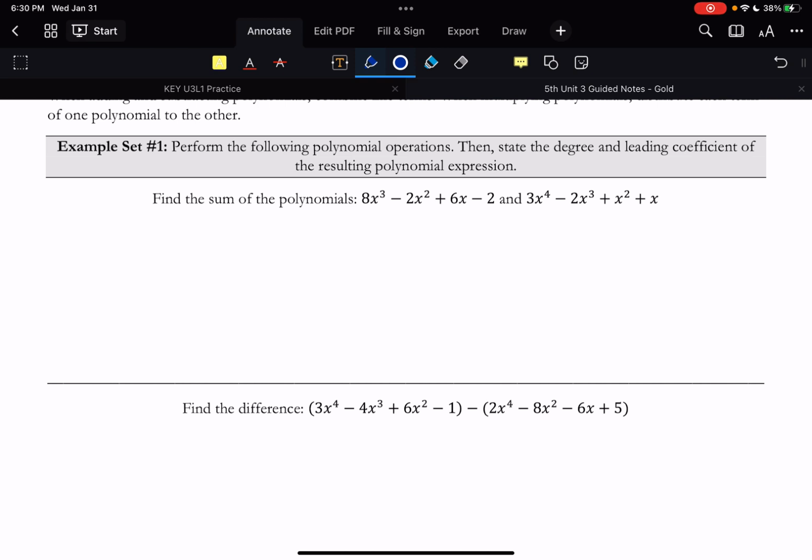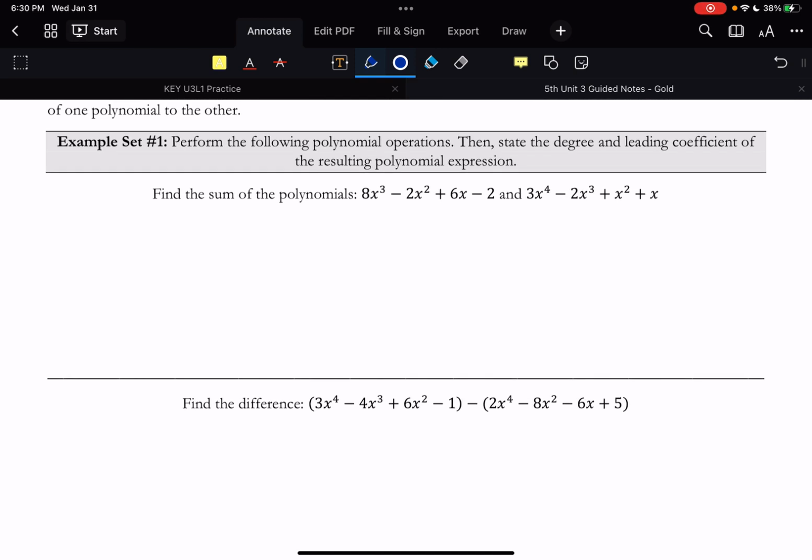So if I were to add these two polynomials together, again, it is combining like terms. So I have 8x cubed minus 2x squared plus 6x minus 2. And I am adding the polynomial 3x to the 4th minus 2x cubed plus x squared plus x. I put that in parentheses just to show which polynomial expression is the second one.